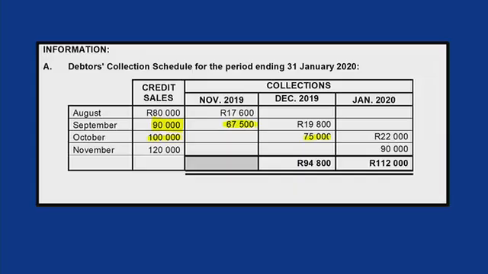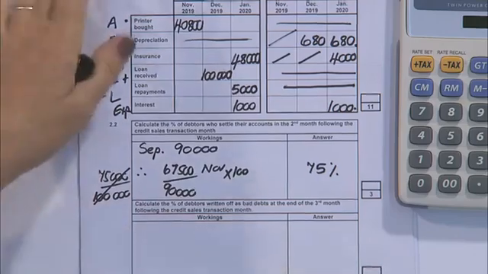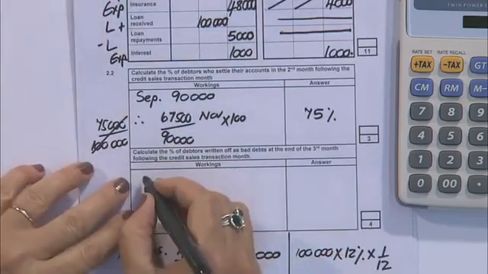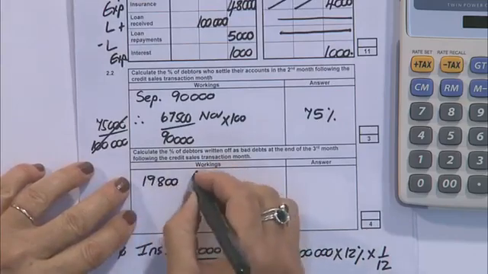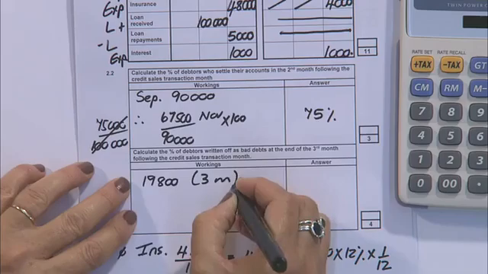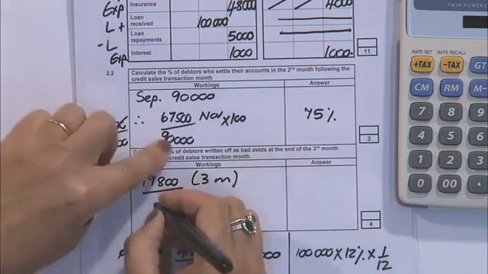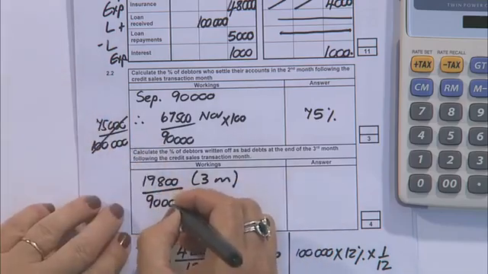Now they want to know, calculate the percentage of debtors written off in the third month following the credit sales. If we now know that this is 75%, then we need to know what this is. Okay, let's do that. Calculate the 19,800 that we get 3 months later as a percentage of that same credit sales.